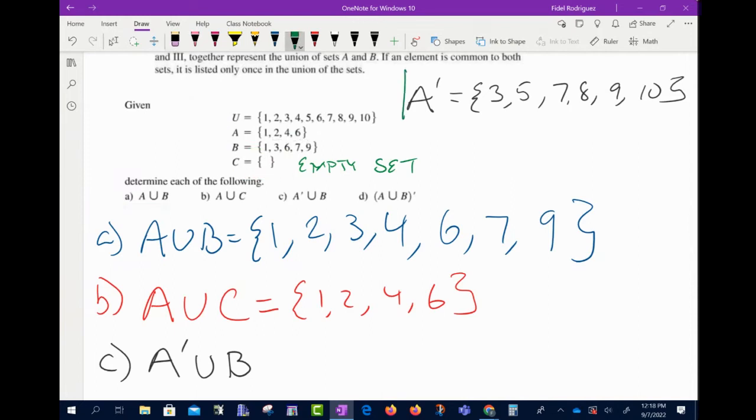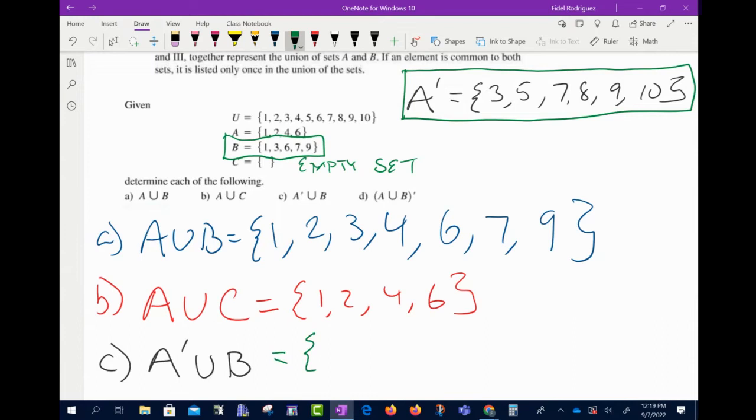Okay, now what I'm going to do is I'm going to look at these numbers here in A complement, and I'm going to look at these numbers here in the set B, and I'm just going to throw them all in one big set. Okay, again, if they repeat, I'm not going to write them down twice. What do you think the first number I would need if I'm going to put everything in this set here and everything in that set there together? 1, right?